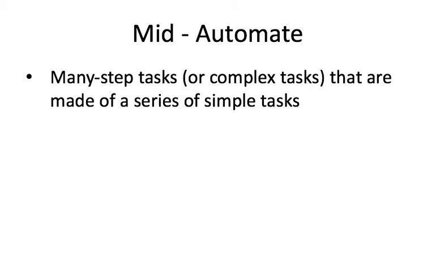As long as they can take that many step or complex task and break it into simpler tasks, and each individual simple task is also something they can automate, then they're able to automate it. And once again, this isn't all or nothing. It might be that a complex task, let's say, for example, flying an airplane. Flying an airplane is a very complex and many step task.